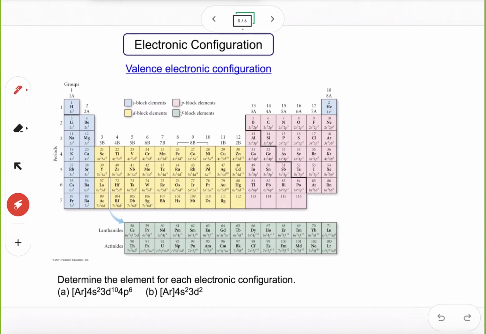Because remember, these are neutral elements. If the problem doesn't say anything, but if it is neutral, it will tell you. If it doesn't say, you always assume it's neutral.